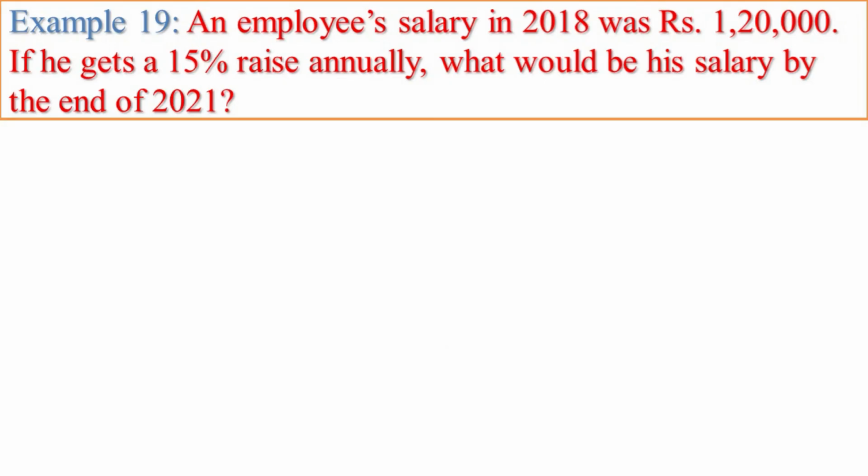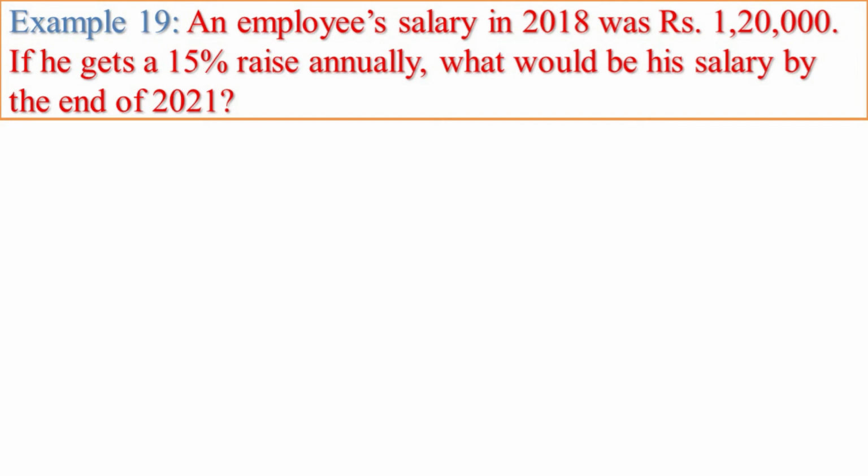An employee's salary in 2018 was rupees 1,20,000. If he gets a 15% rise annually, what would be his salary by the end of 2021? In this case, they have given that the salary of an employee in 2018 is 1,20,000.